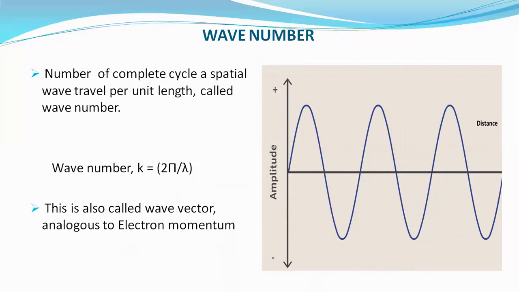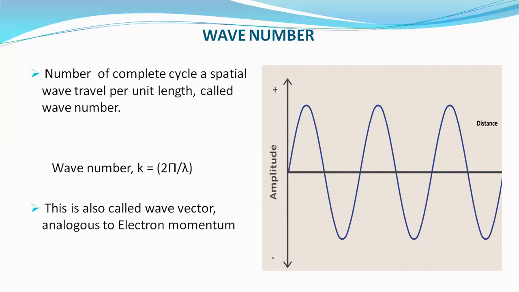So wave number is the number of complete cycles a spatial wave travels per unit length. Wave number k is defined as 2 pi upon lambda, where lambda is the wavelength of that wave.